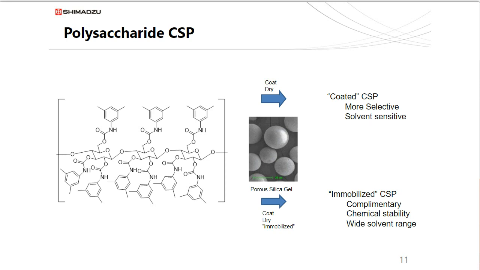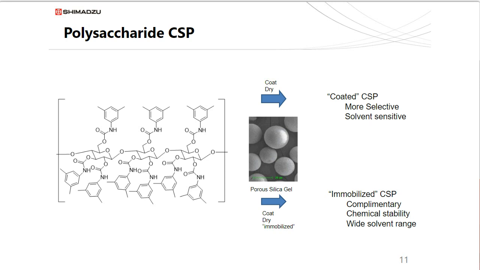So there are some differences. The coated CSPs tend to be a little bit more selective. However, they're also very sensitive to different solvents. Obviously, if methylene chloride is used to dissolve the polymer and put it onto the bead, methylene chloride in your mobile phase would strip the selector off. The immobilized are a little bit different.